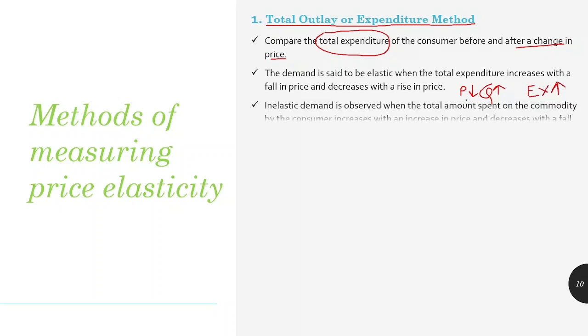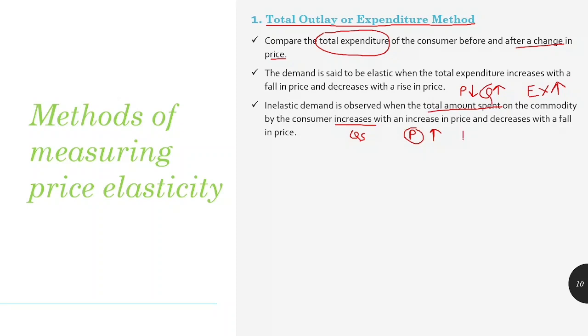Now the second one is inelastic demand, where it is observed that the total amount spent on a commodity increases with an increase in price. So here the quantity demanded remains the same. Okay. So how is our total expenditure increasing? Suppose the price of this commodity increases and the quantity demanded remains the same.